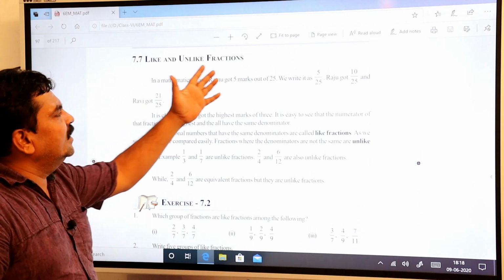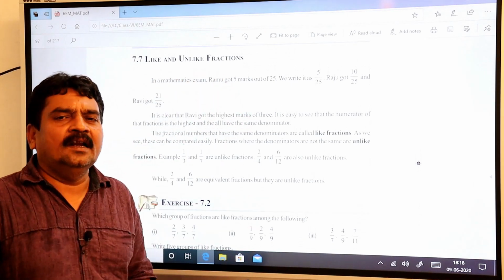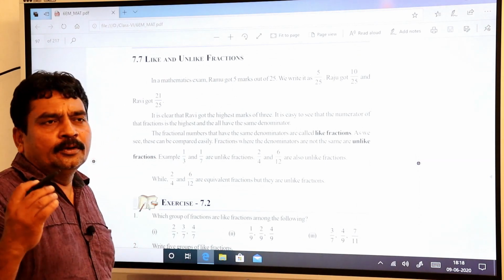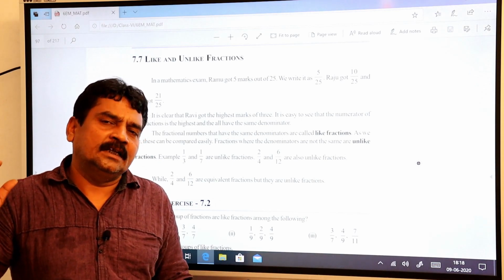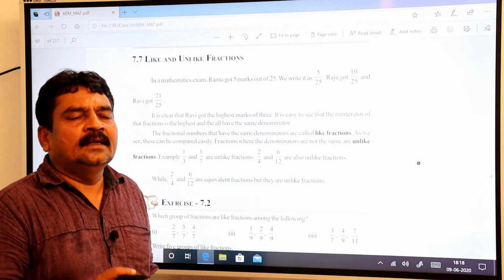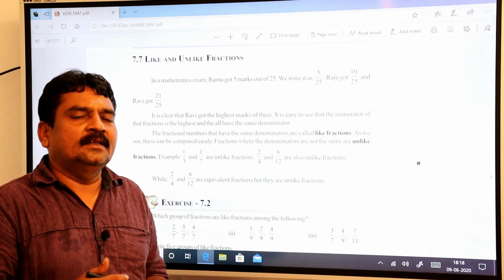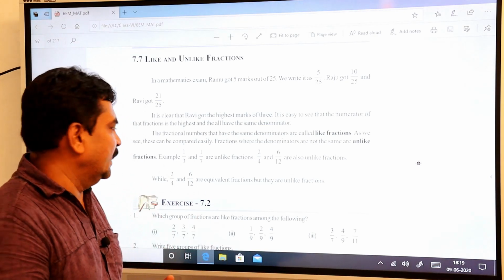Like fractions and unlike fractions. What are like fractions and what are unlike fractions? I told you, when the denominators are the same, such fractions are like fractions, and when the denominators are not equal, not the same, then such fractions are unlike fractions.